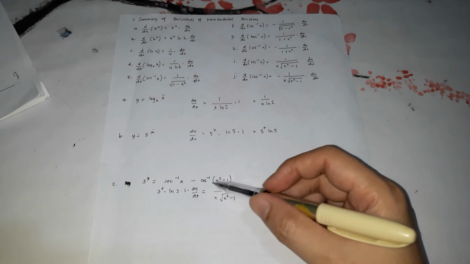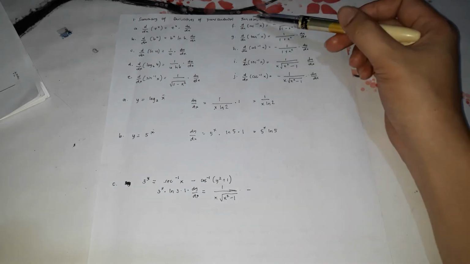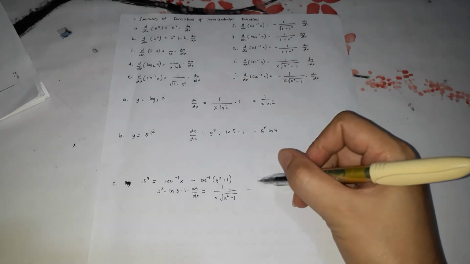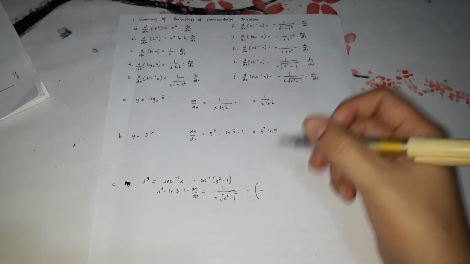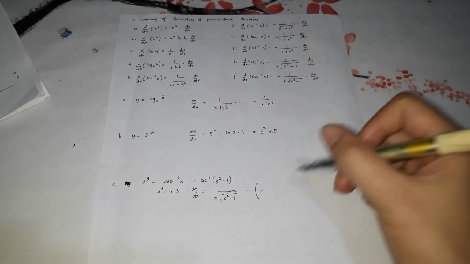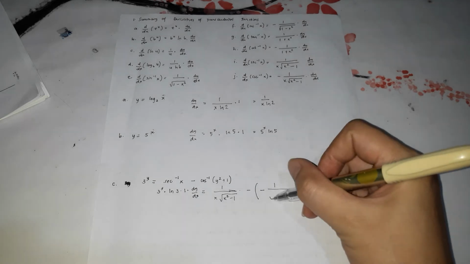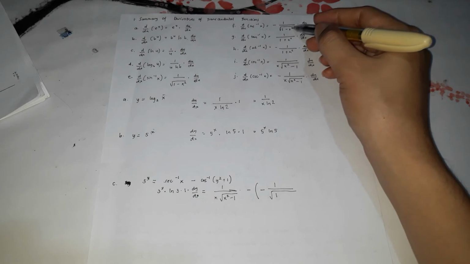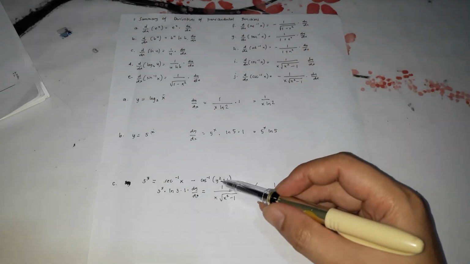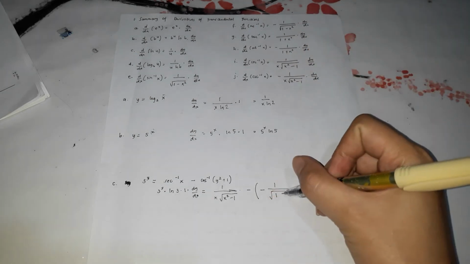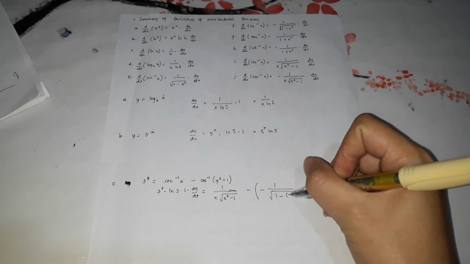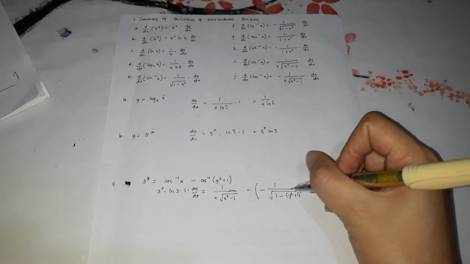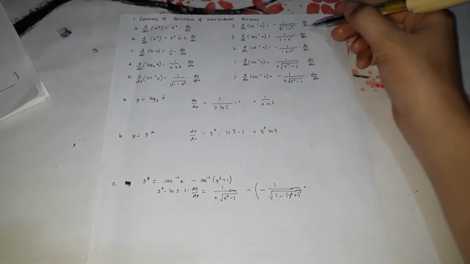Next, the derivative of cosine to the negative 1 of x is negative 1 over the square root of 1 minus x squared, where x becomes y squared plus 1, so negative 1 over the square root of 1 minus y squared plus 1 squared, times du over dx.